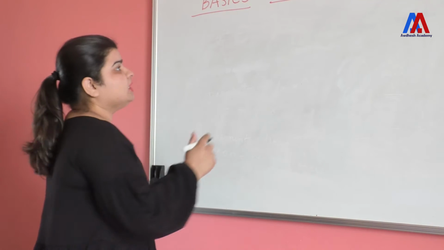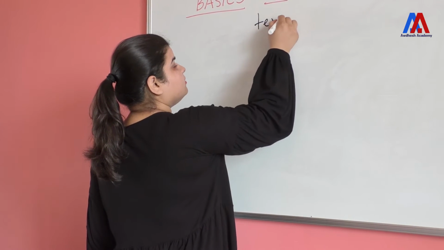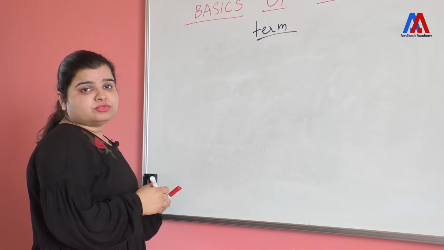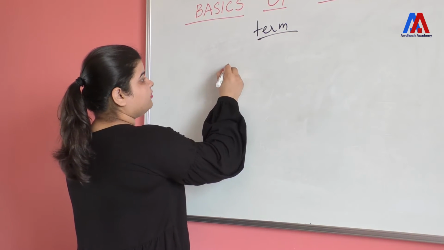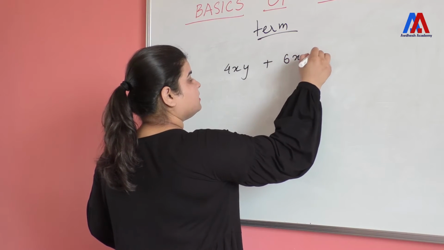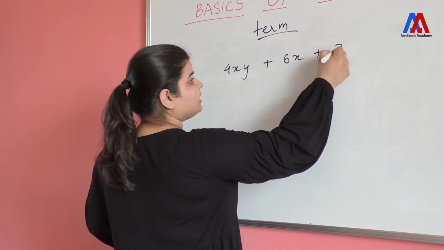The next thing is, what is a term of an expression? Here people often get confused. Suppose we have 4xy plus 6x plus 3.